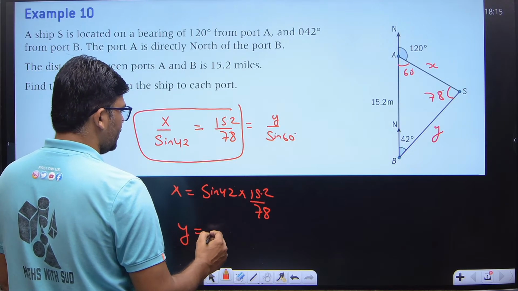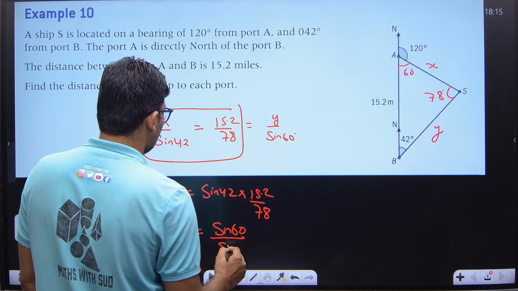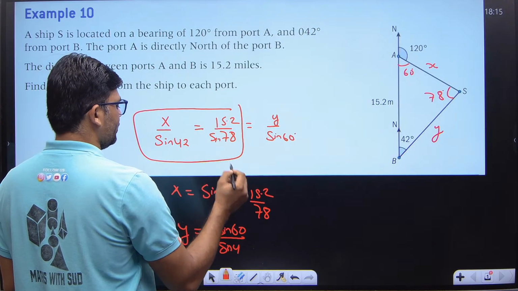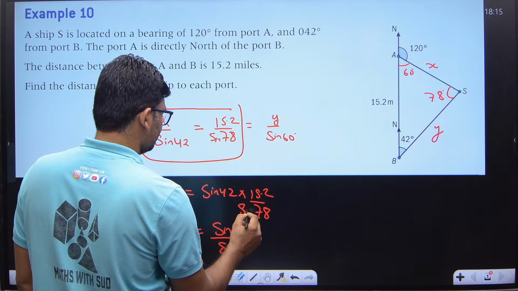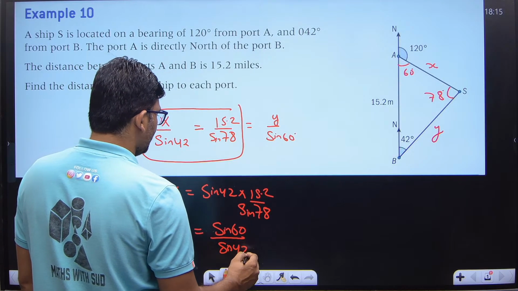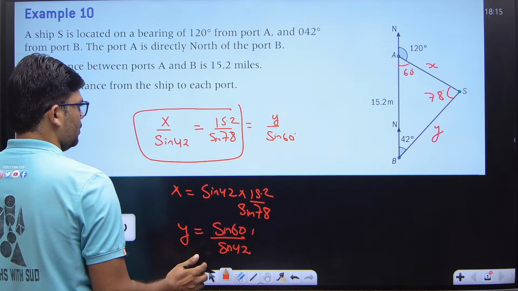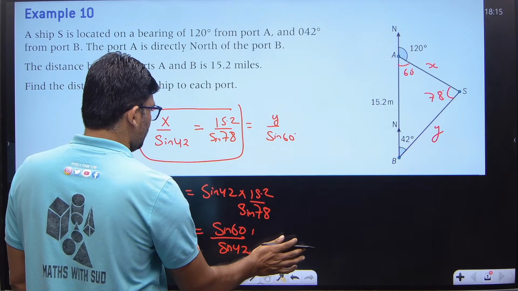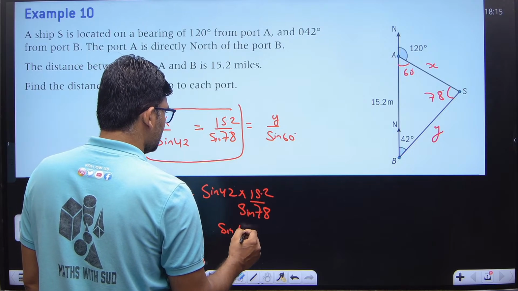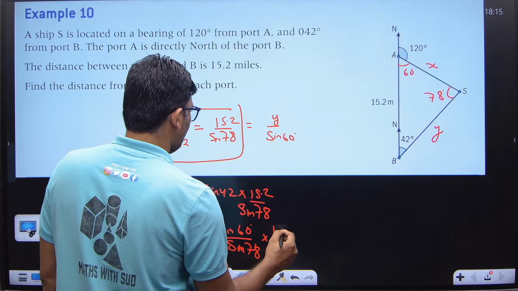And for y we can write sine 60 upon sine 78 into 15.2.